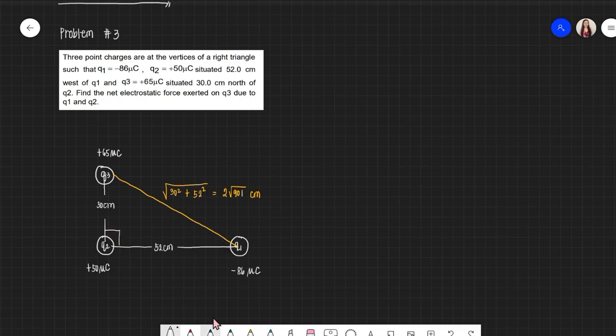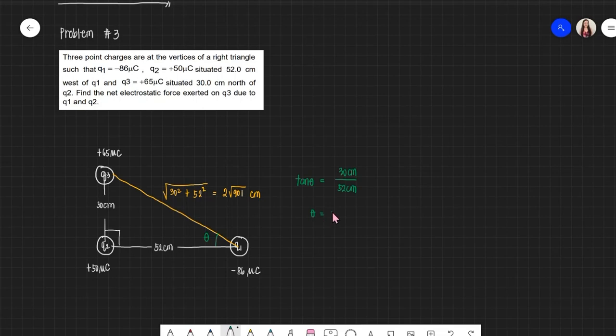And also we can solve for this angle here, this angle theta, which can be solved by the function tangent. So tangent theta is equal to 30 centimeters over 52 centimeters.